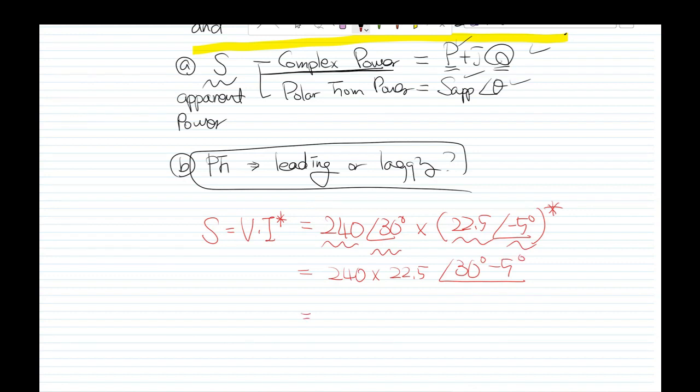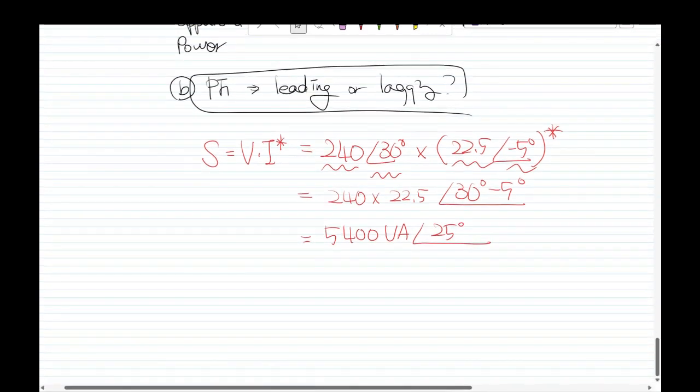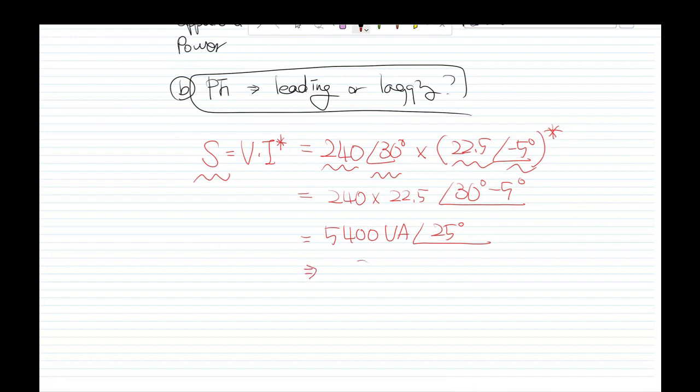Let's skip the calculations: 5,400 VA at 25 degrees. So that is the final answer for the polar form of the apparent power. That was S sub APP is 5,400, and theta is 25 degrees. Okay. Yes.